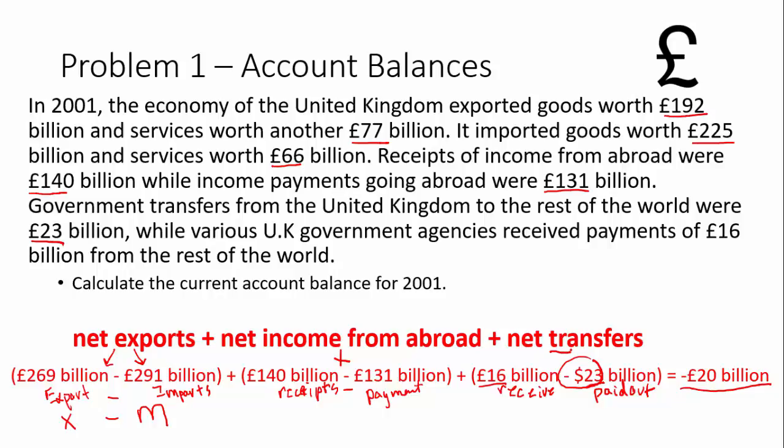And then, of course, our imports are also going to be a negative. This is going to be a negative number because our M is bigger than X. Imports are bigger than exports, so that's going to be a negative. So it's going to be negative net exports, positive net income from abroad, but then we're going to have negative transfers.